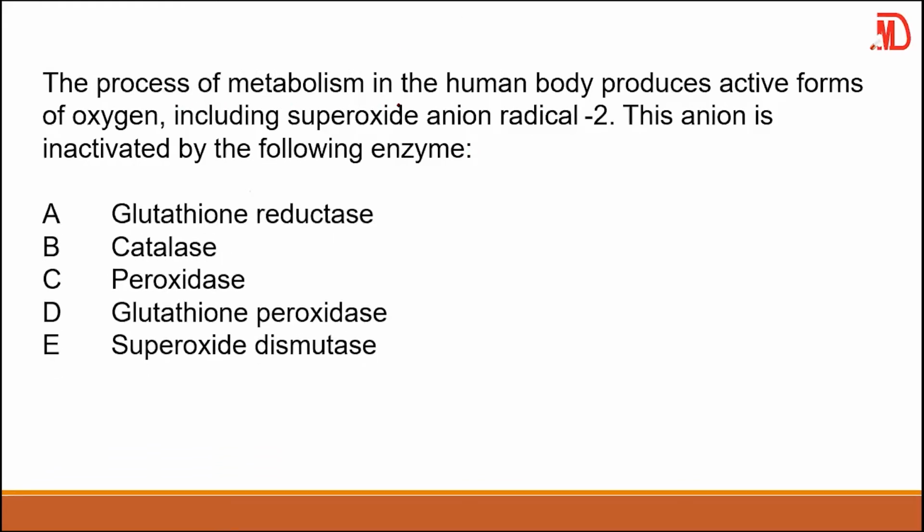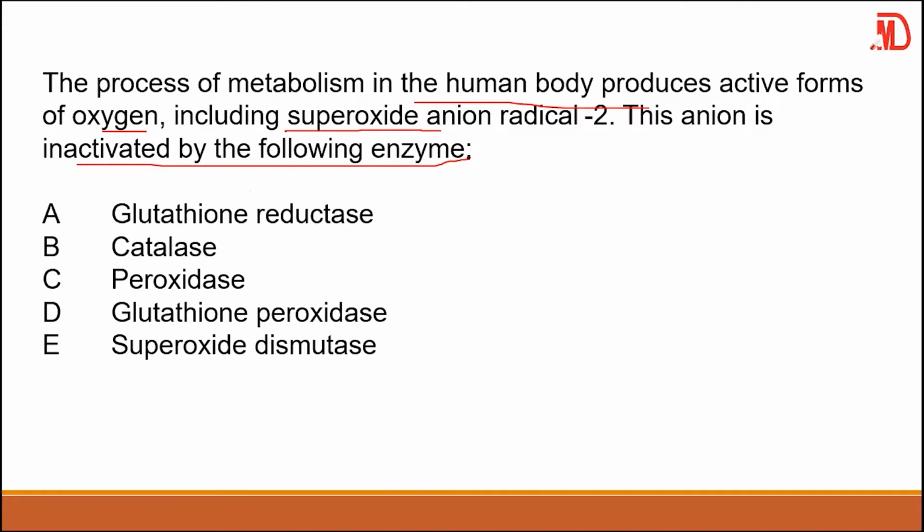The process of metabolism in the human body produces active forms of oxygen, including the superoxide anion radical. This anion is inactivated by the following enzyme.